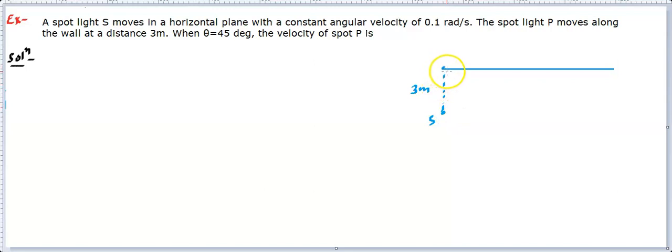This is going to be spot P, but later on it is rotating. So let's say at any instant it is making angle theta from here. So it is pointing in this direction. This angle is theta. So if the spotlight is pointing in this direction, then the light will be going like this, and the point P is going to be here.